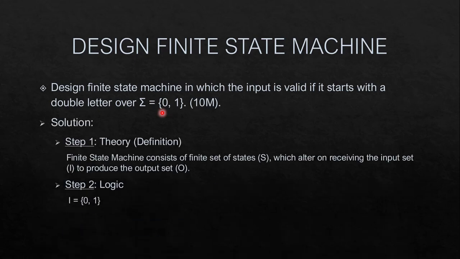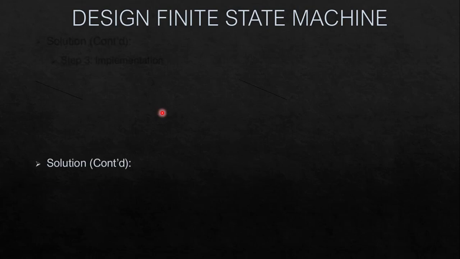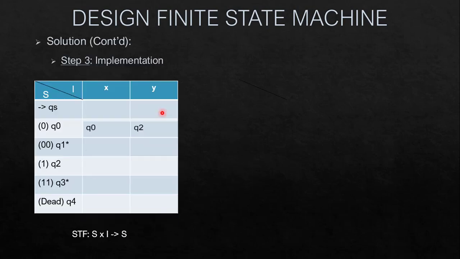So in logic, we will have I equal to 0, 1, O will be Y, N and S is QS to Q4. So let's see the table. We have Q0, Q1, Q1, Q4, Q1, Q1, Q4, Q3, and Q3, Q3, Q4, Q4.